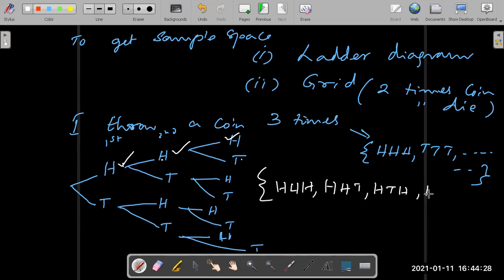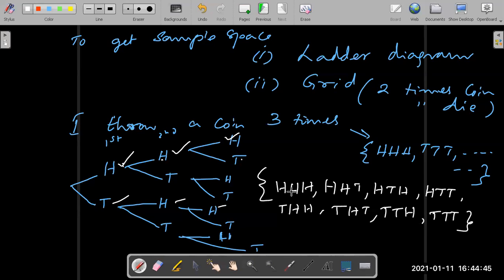Then you have HTT. Then you start with THH. The next one will be THT. Then you will have TTH. And the last one is TTT. So if you see, there are 8.